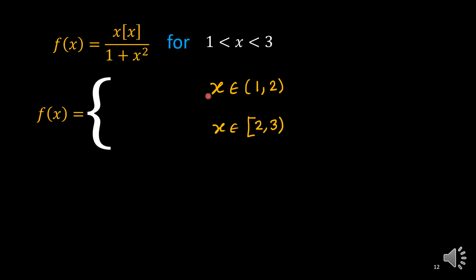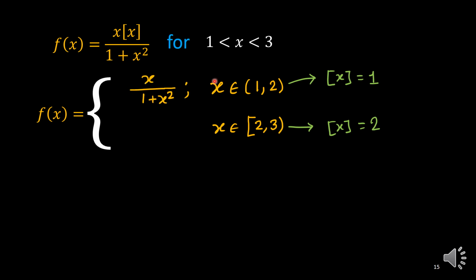For the first interval, the greatest integer value of x would be 1, because x is between 1 and 2. Similarly for the second, its integer value will be only 2. So we can replace the greatest integer function of x by these two values, 1 and 2, for these two ranges separately.